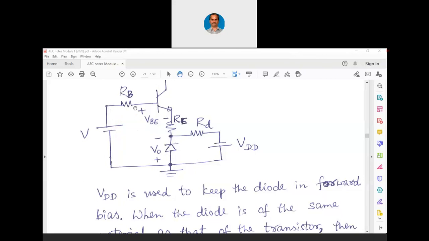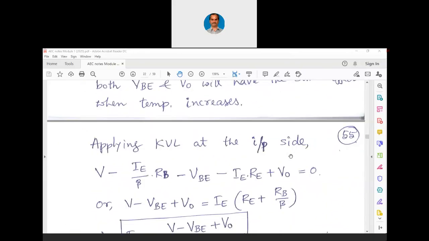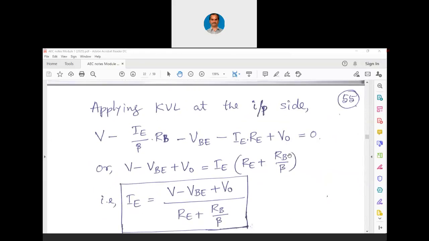Now for this IB, we can always write IE by beta for our clarity. Now we can simplify this equation. V minus VBE plus V0 is IE into RE plus RB by beta. Or we can find out IE equals V minus VBE plus V0 divided by RE plus RB by beta. Now look at this equation.